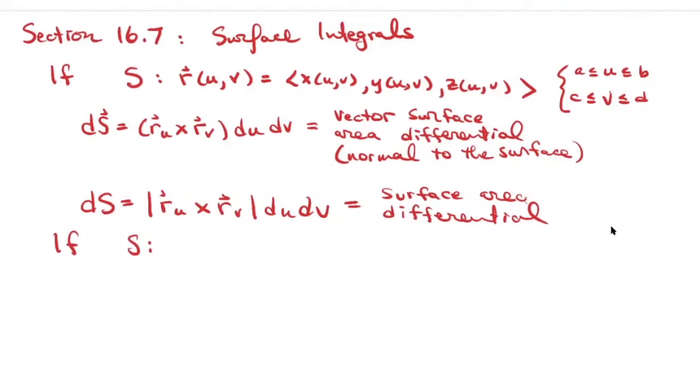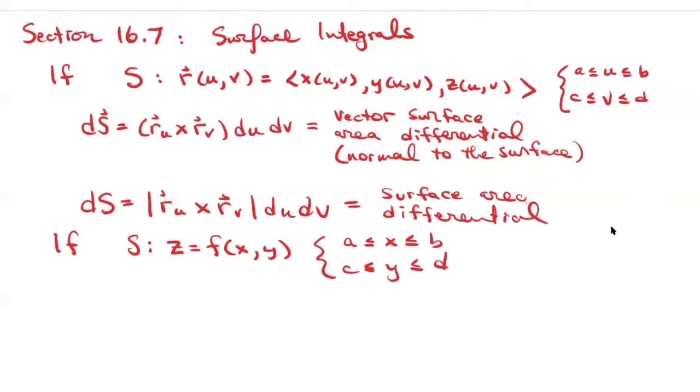And then don't forget, we also did if S is parameterized as z is a function of x and y, and then we can have limits on x and y. And this doesn't have to be a rectangular domain for x and y, but just for the heck of it, I've done that.